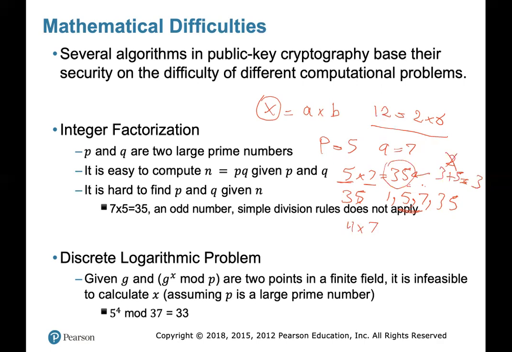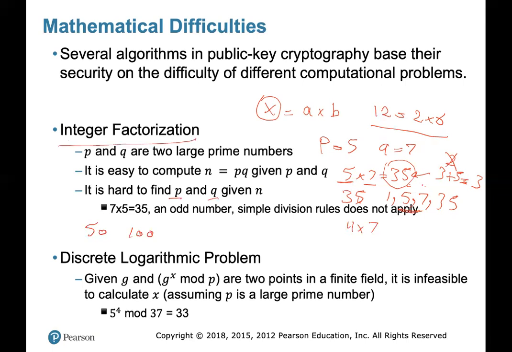We are talking about prime numbers with, for example, 50 digits or 100 digits. So at the end of the day, it is very difficult for the attacker to factorize a number which is the multiplication of two prime numbers. So this is the first thing that we will be using in asymmetric encryption.